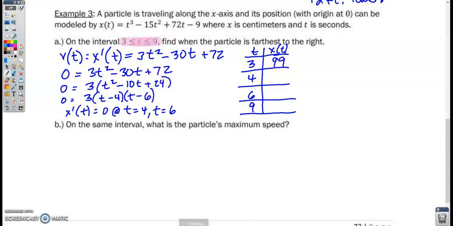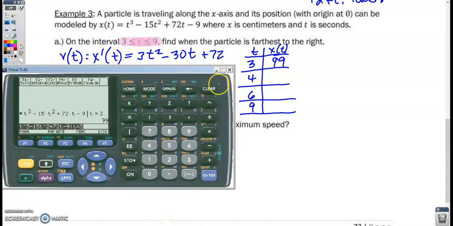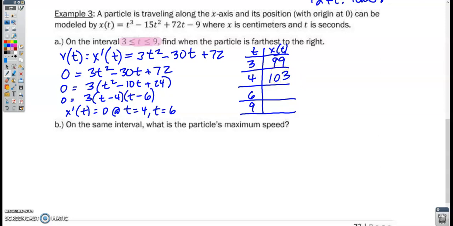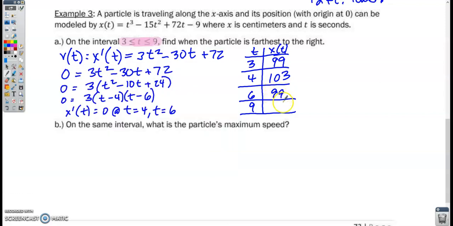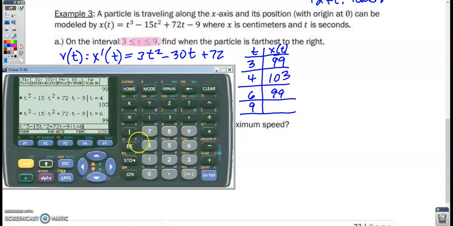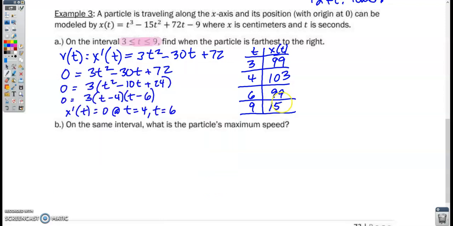It's 99 at time 3, and then at time 4, it's 103. At time 6, it's 99 again. And then at time 9, it is 153. So, when is the particle furthest to the right?